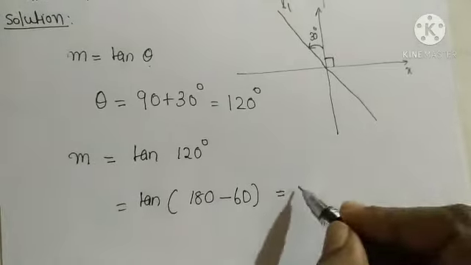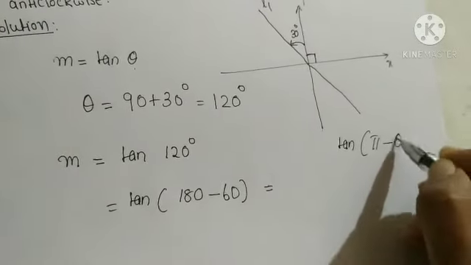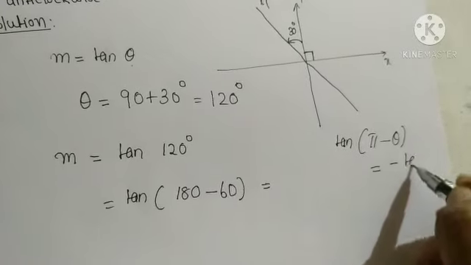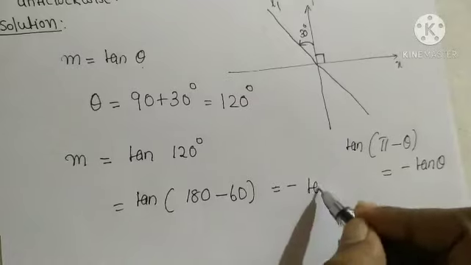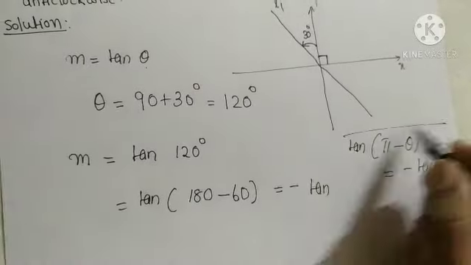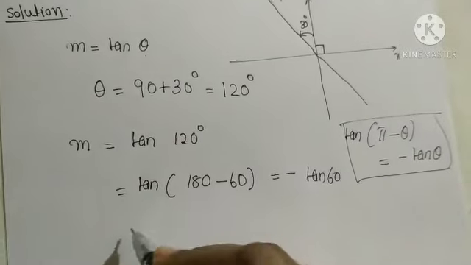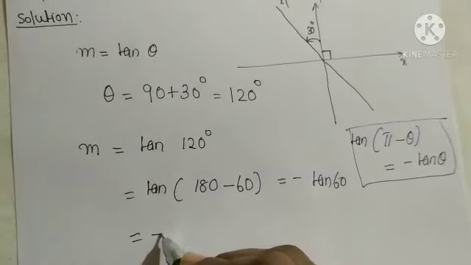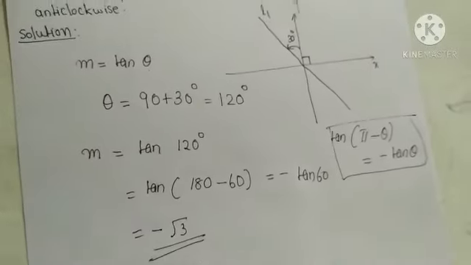And we know that tan pi minus theta is equal to minus tan theta. So here minus tan 60. The value of tan 60 is root 3. So the answer will be minus root 3.